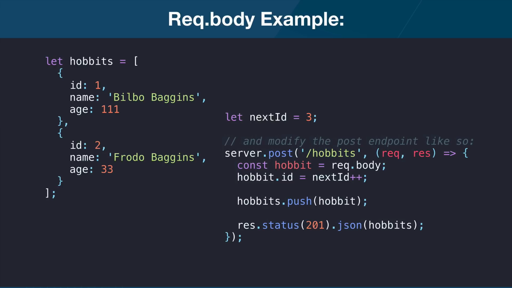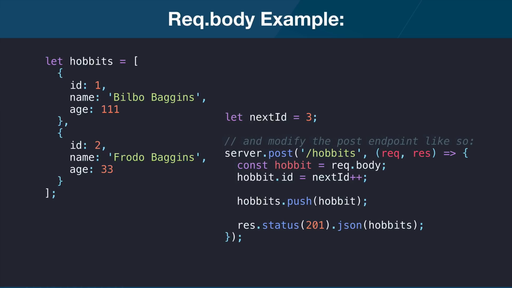Then we have our req and res. So our req and res are homies inside of our route handler. And we have this object that we're pulling off of the req.body and setting equal to our hobbit. So every single one of our hobbits will need to have what properties on them in order to match the shape of our database?